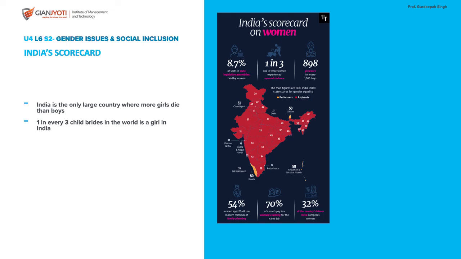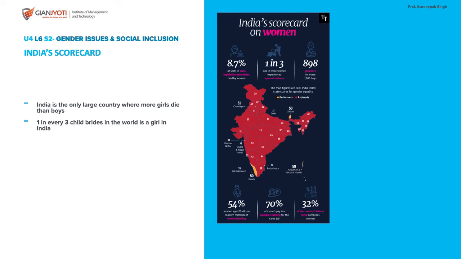So when you look at India's scorecard on women in India, in this diagram on the Indian map, the scores are for gender equality. So the performers are Chandigarh, Kerala, Sikkim, Andaman and Nicobar Islands, which has the highest score.